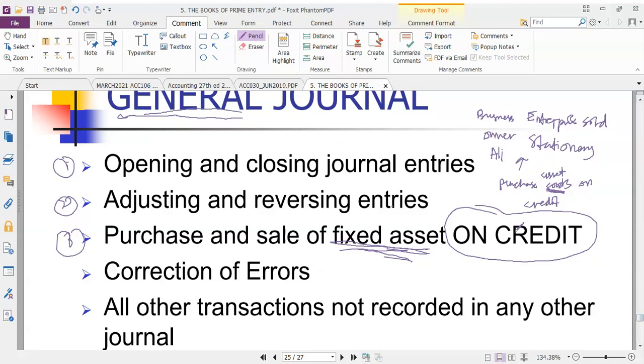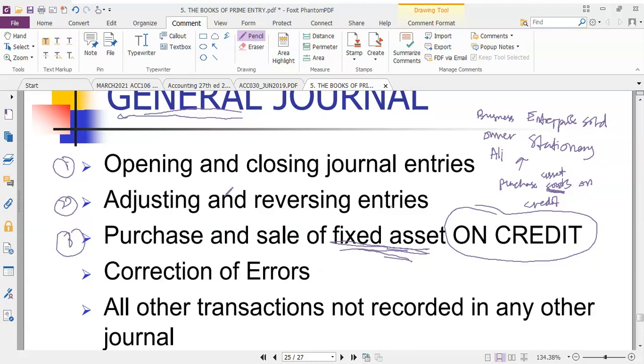You must know pictures and fittings are a fixed asset. If Ali purchases pictures and fittings on credit, we must record the transaction in the general journal.